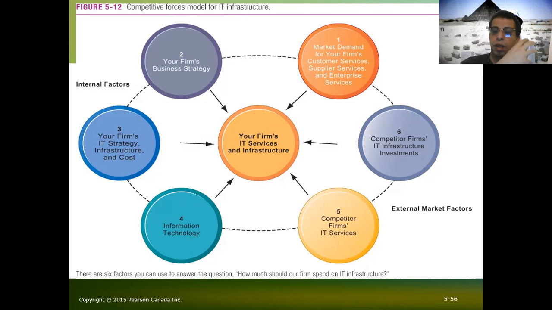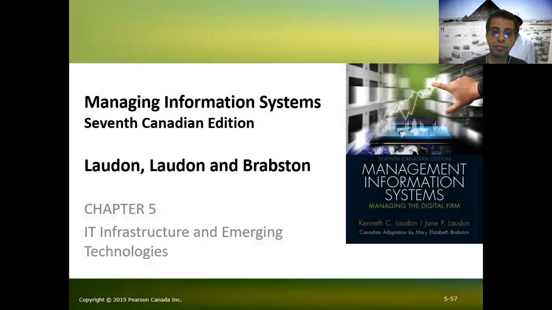And then we need to know about the information technologies, what kind of trend is being used, and the competitor firms, what they are using, and how they are progressing or behind us. We look at their IT infrastructure and the investment they are making, and we have to match them or better, stay ahead of them. So this is the end of the chapter. I'll see you.